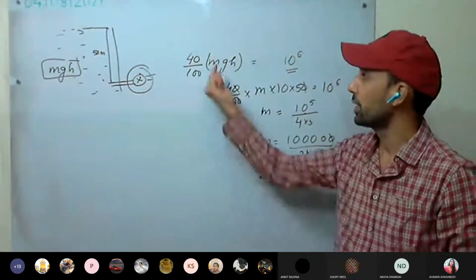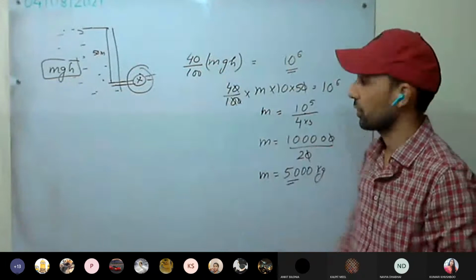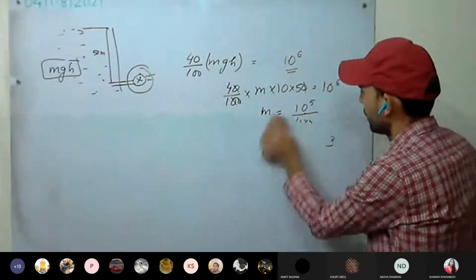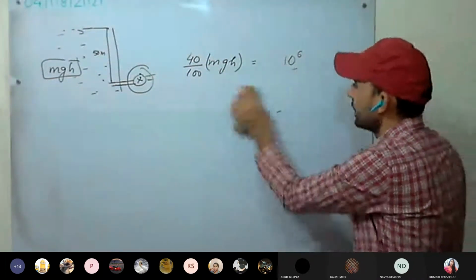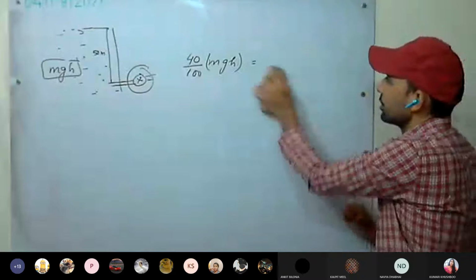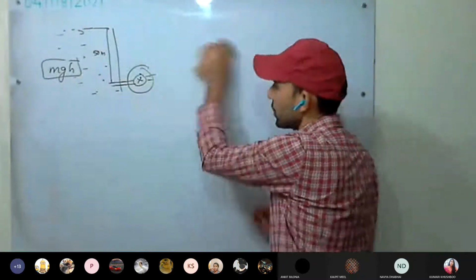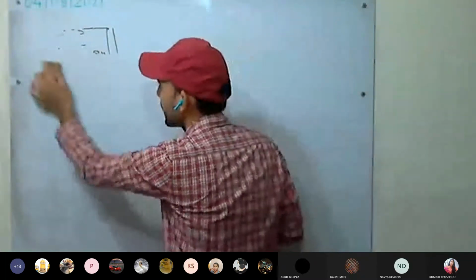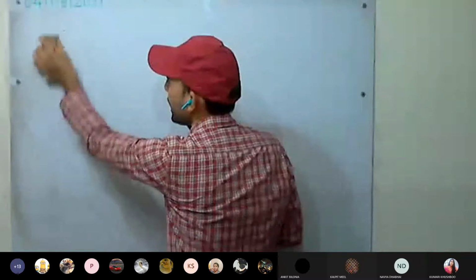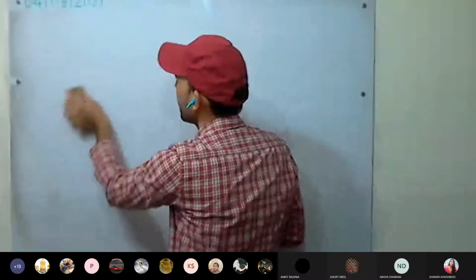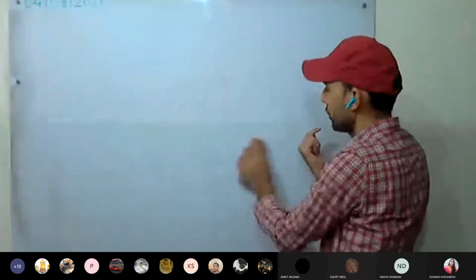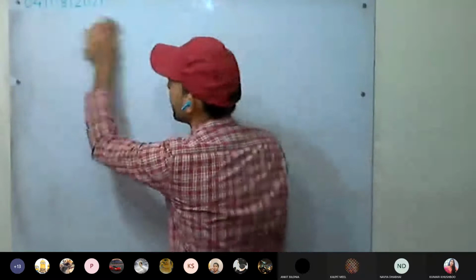That way as well you can do. That is mass per second. So you can do it two ways: either calculating the power on one side and equating to the power, or calculating the energy from the other side and equating the energies. Okay.